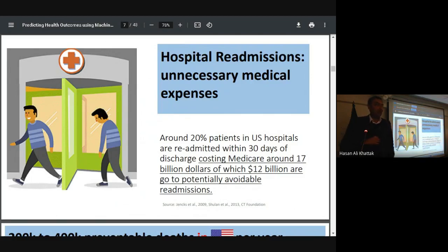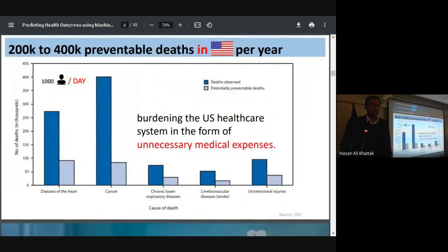Okay, now the second case that we have selected is preventable deaths, right? This chart shows the diseases from heart disease to cancer to chronic respiratory disease to unintentional injuries, and on the y-axis you will see the number of deaths.